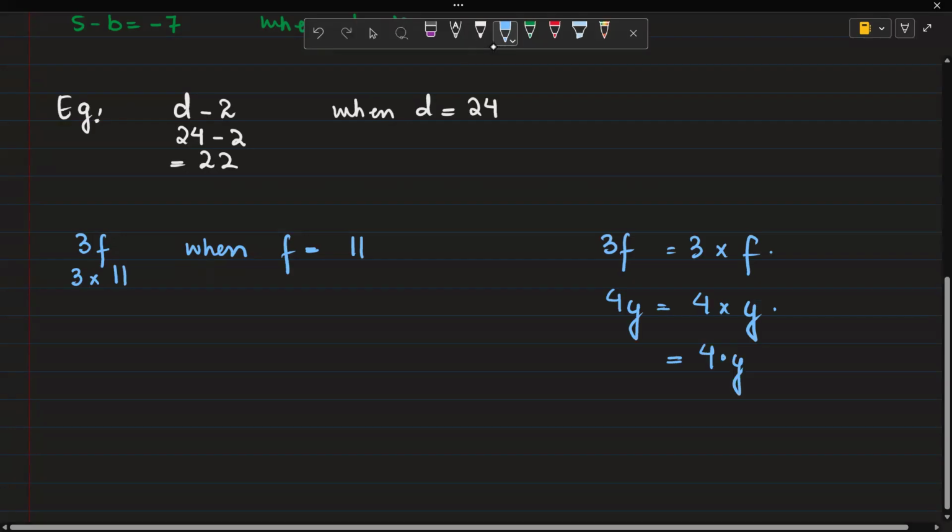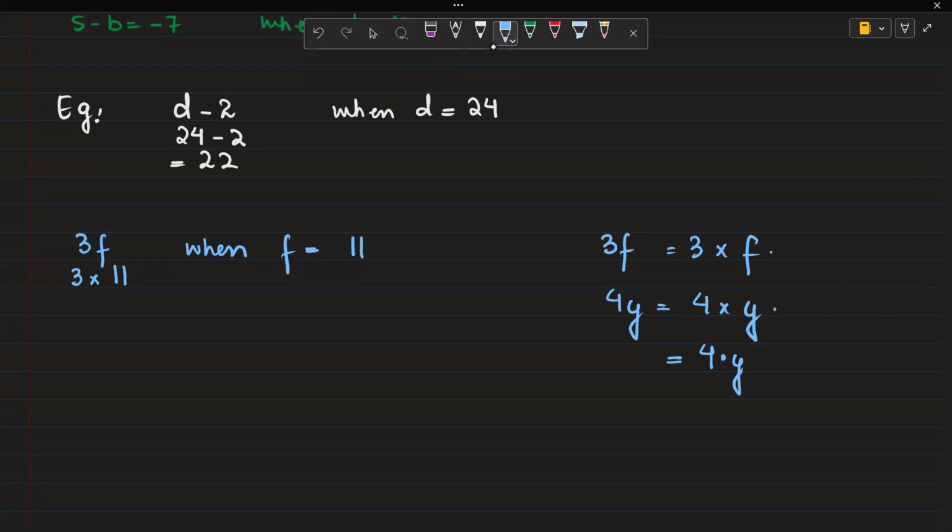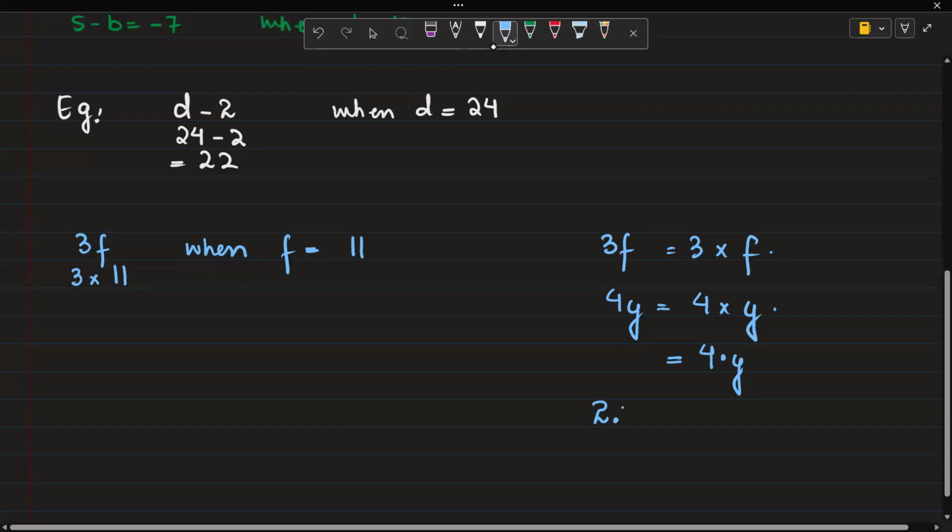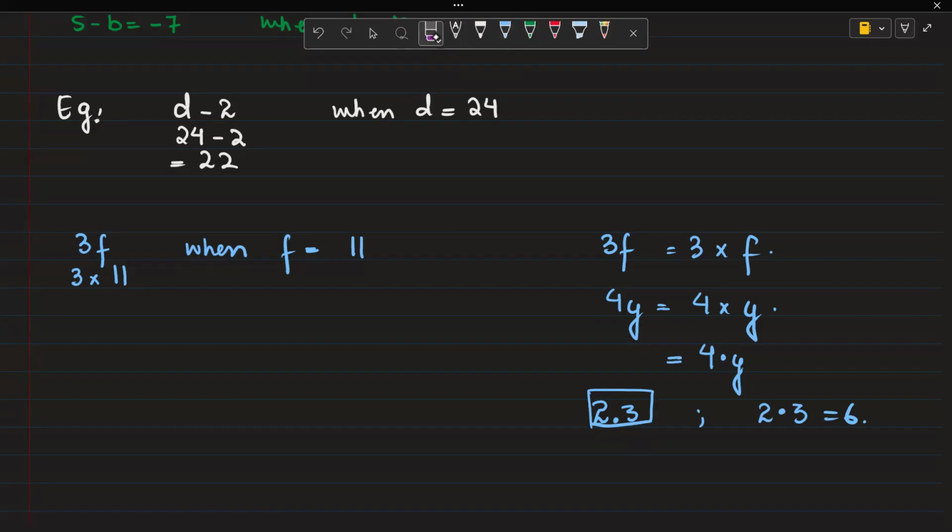So a dot in the middle designates multiplication. And if you have a dot at the bottom, 2.3, it designates a decimal. This is 2.3. Okay? And this is 2 times 3, which is equal to 6. But this is not 6. This is just 2.3.